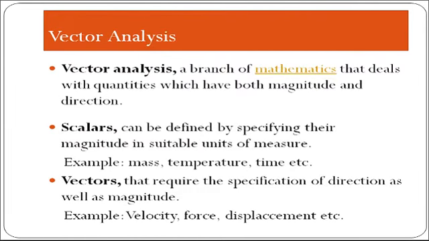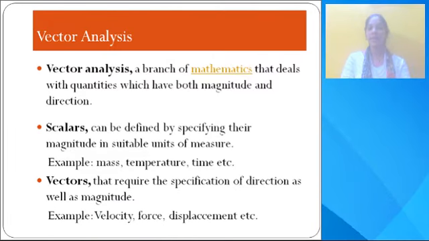Scalar quantities are those having only magnitude, no direction. Similarly we can define vector quantities. Vector quantities are those physical quantities which have both magnitude as well as direction.